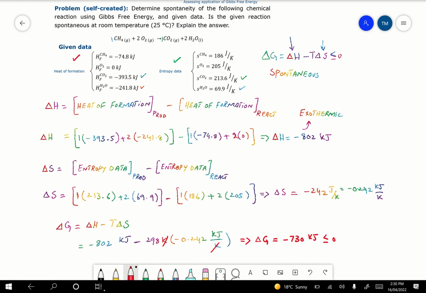So delta G is minus 730 kilojoule, which is less than 0. So that means based on delta G, process is spontaneous process. But based on the entropy, this is non-spontaneous.